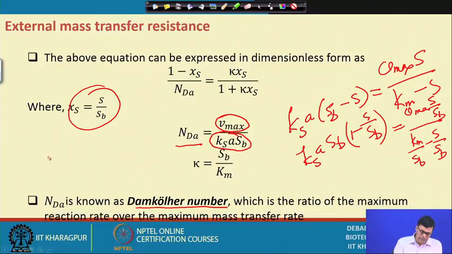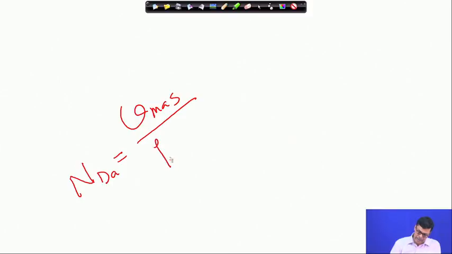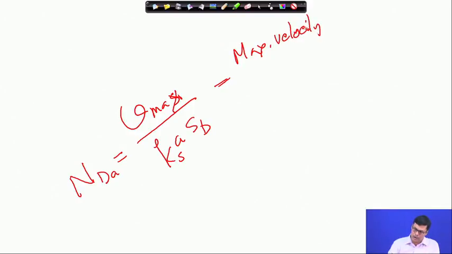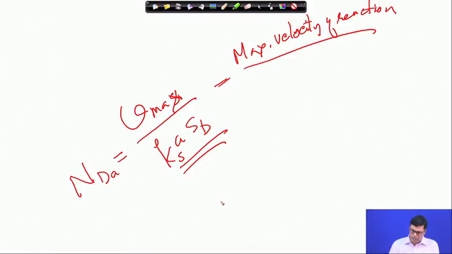What is Vmax? Vmax is the maximum velocity of reaction. Now, what is the rate of mass transfer?